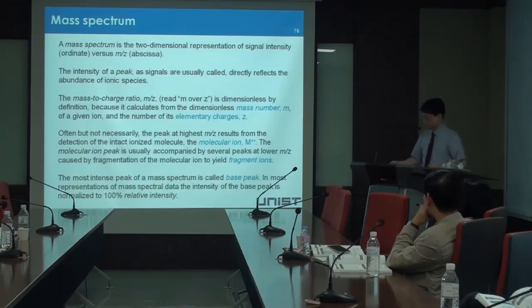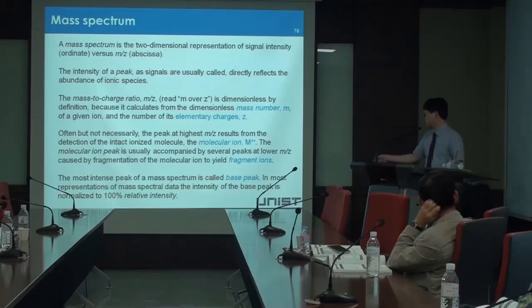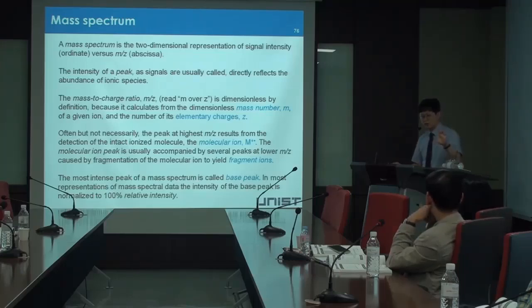So in a mass spectrum, again, the mass number with the charge Z value gives the M+ ion, and also fragment ions. There are many fragmentations, and we call the most intense peak of the mass spectrum the base peak.